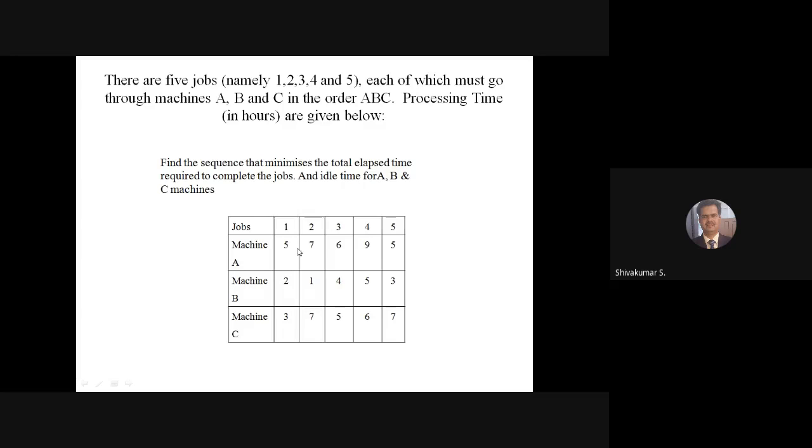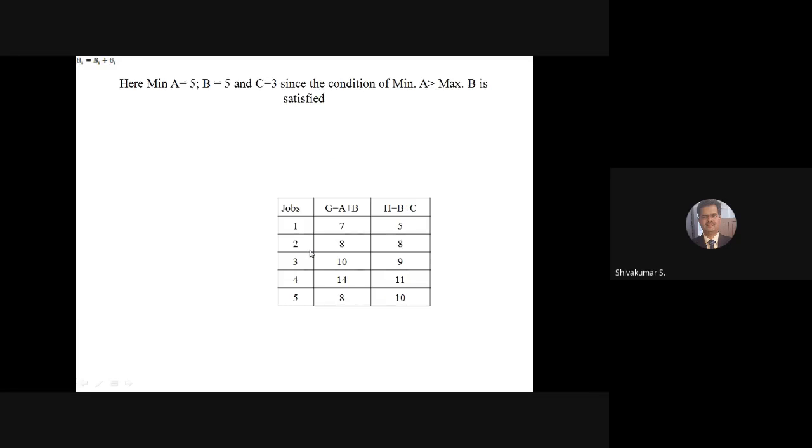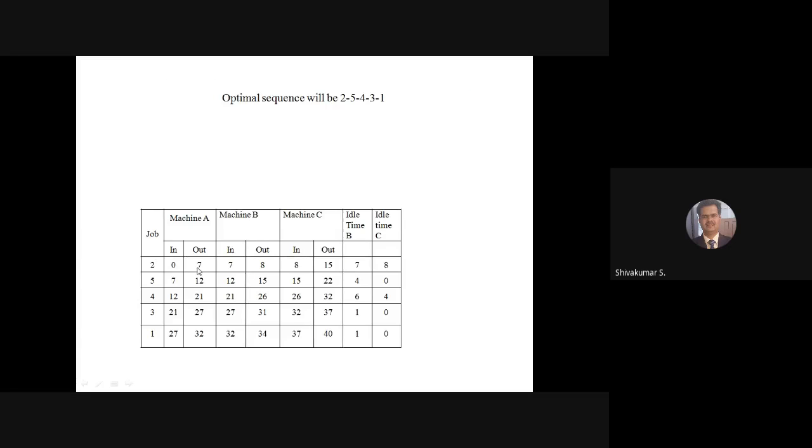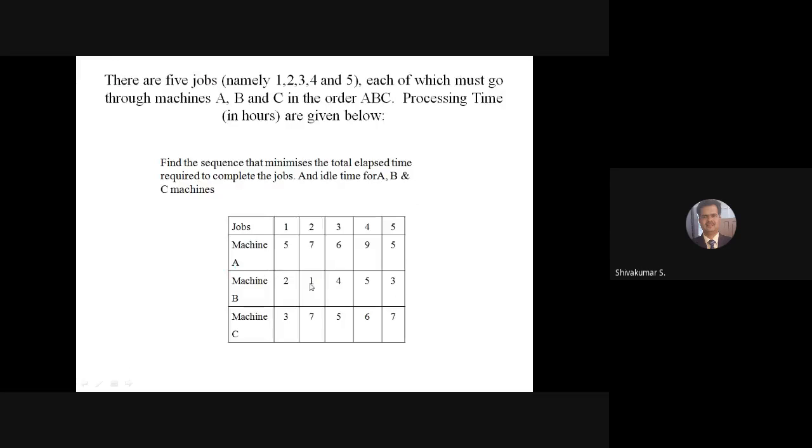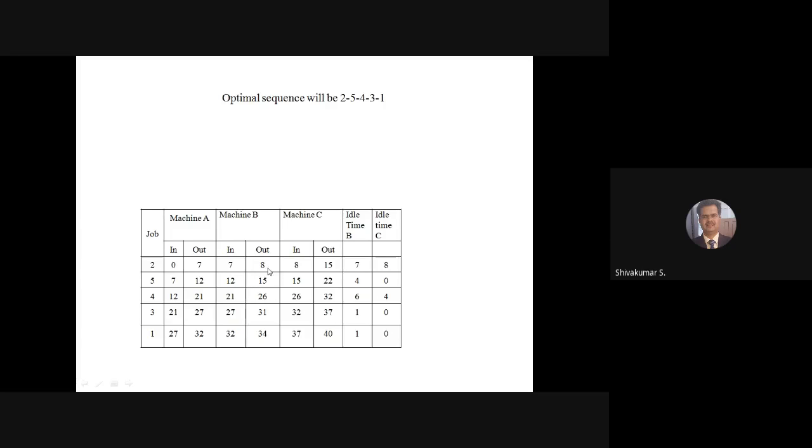So job 2 out at 7 minutes, present time. Machine B is going to be time in 7 minutes. It takes 1 minute, so 7 plus 1, 8 time out.